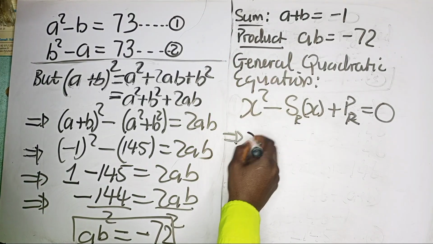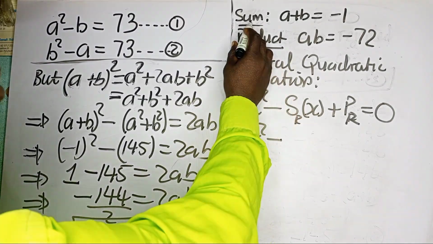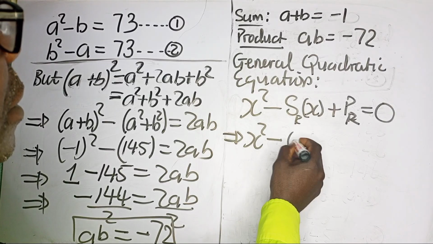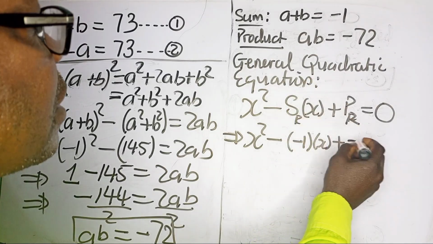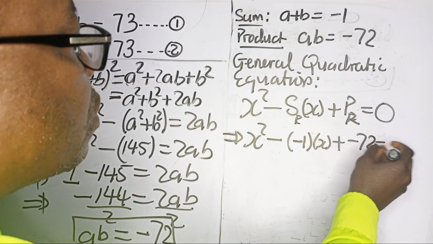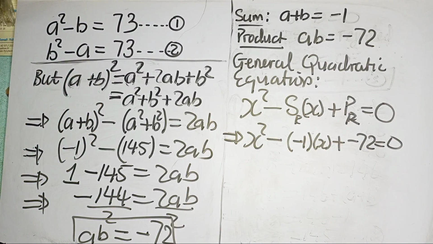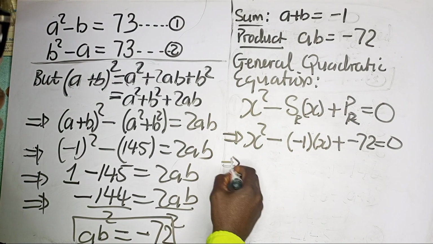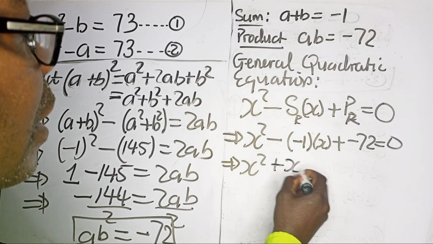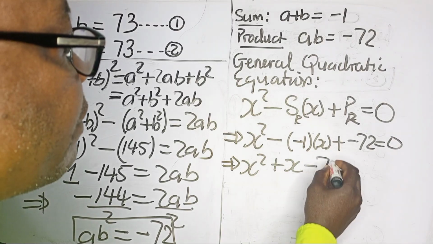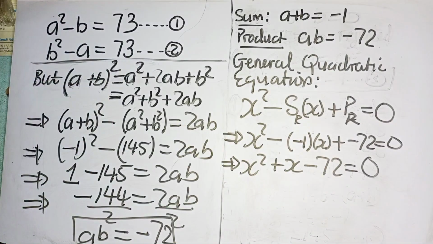We'll now have x squared minus sum of roots is -1, -1 multiplied to x, and then product of roots -72 is equal to 0. So this gives us the quadratic equation x squared, negative becomes plus, x, and then -72 is equal to 0.